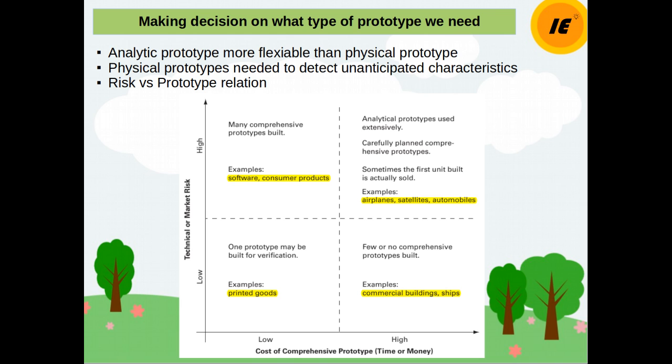That means you can start doing the prototyping from an early stage. For example, printed goods, like maybe you are using a 3D printer to generate a mold of a certain kind of toy, and you're trying to test which mold will be good aesthetically, ergonomically, etc. So in that case you are allowed to do all the prototypes in the early phase.